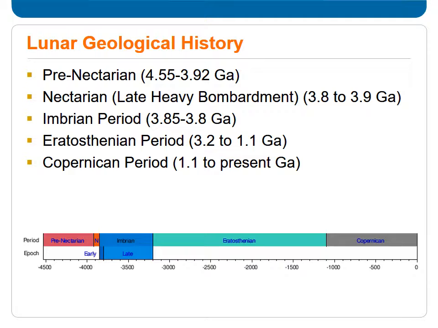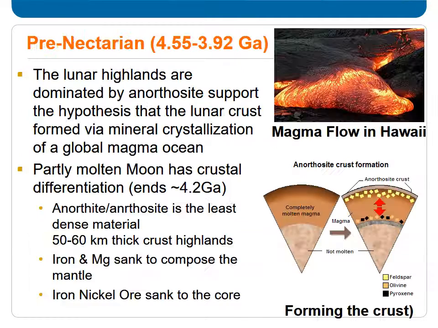Lunar geological history is divided into the following eras: the pre-Nectarian, Nectarian, Imbrian, Eratosthenian, and Copernican.